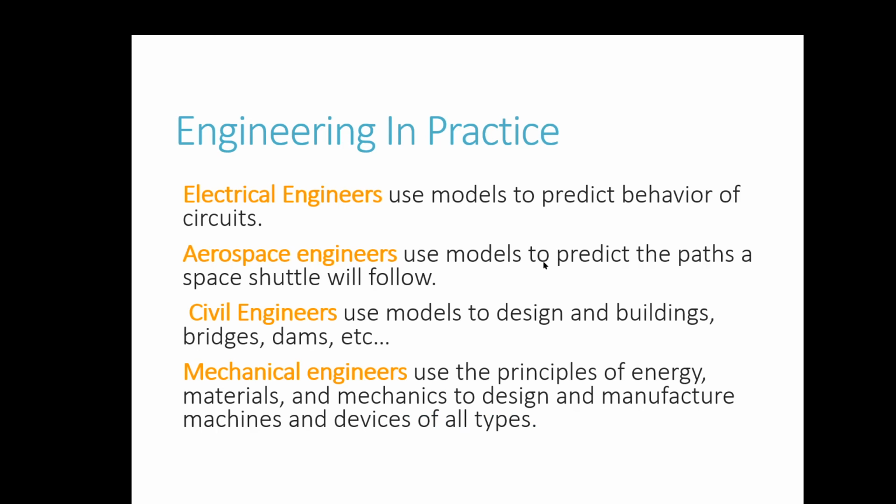Okay. So engineering in practice: different types of engineering fields or disciplines, and this gives you an idea of what each of them does. Here's an example: a space shuttle, or actually it could be any kind of aircraft.